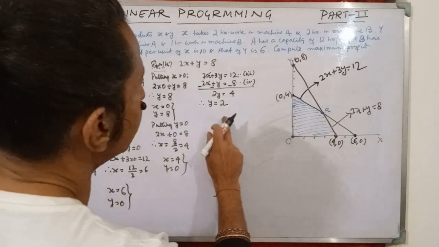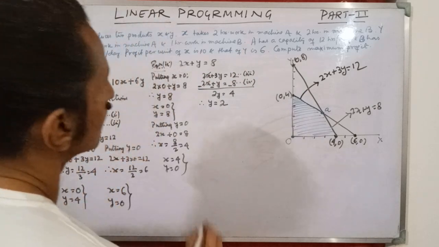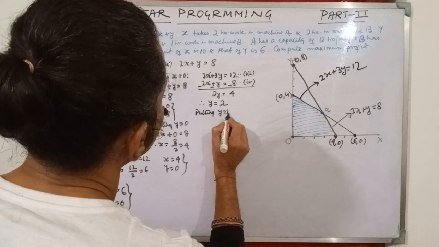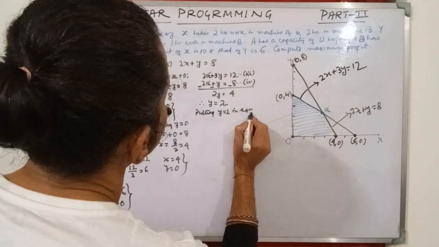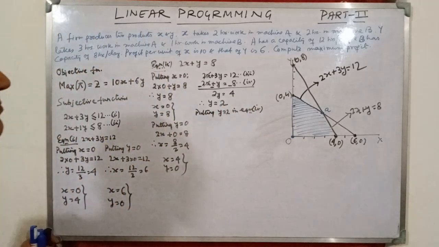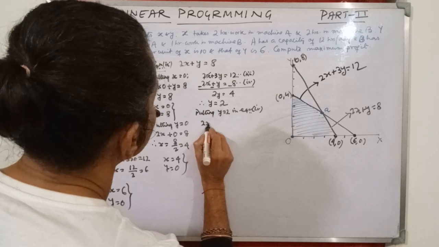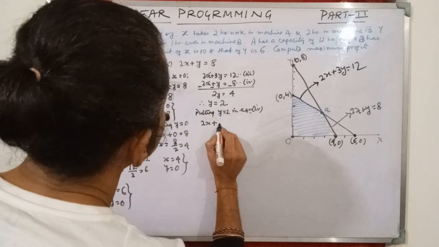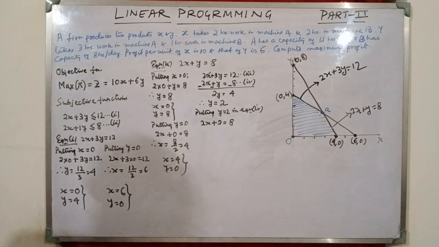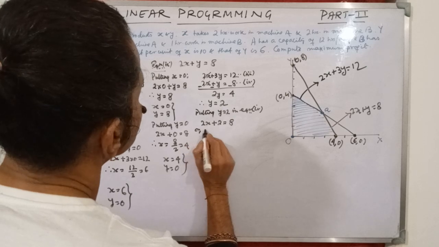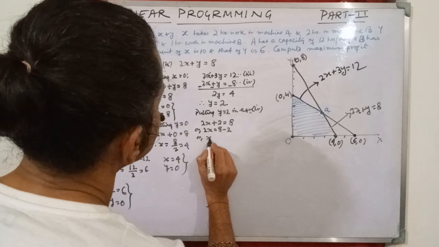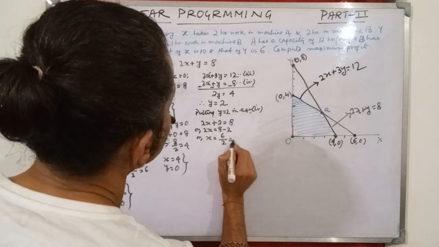Now I put the value of y in either of these two equations. Putting y equals to 2 in equation 4, 2x plus y equals to 8, so 2x plus 2 equals to 8, or 2x equals to 8 minus 2, or x equals to 6 by 2 is equal to 3.